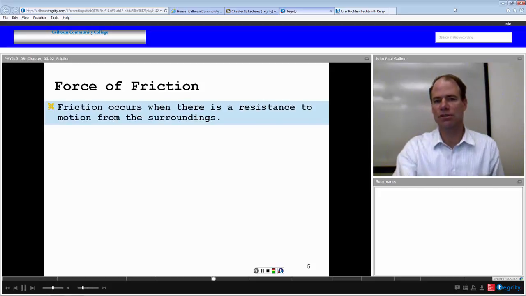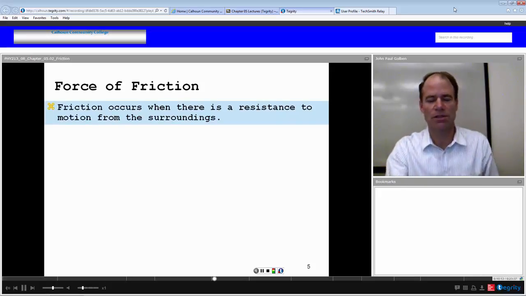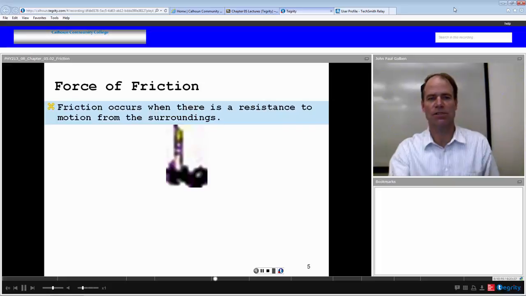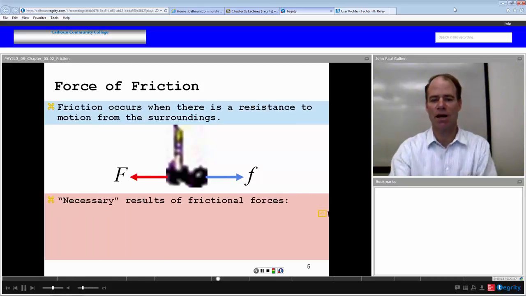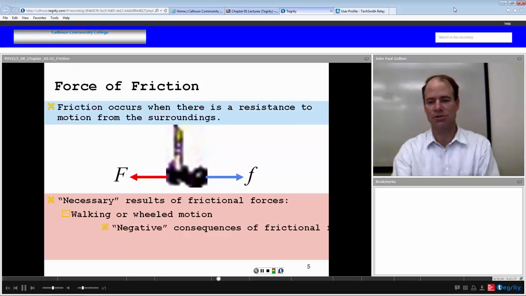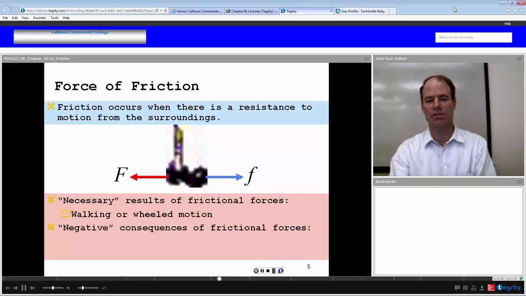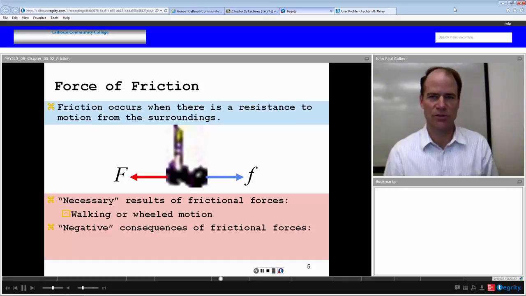We also wish to introduce another force, a force of friction. Consider this. Friction is actually a good thing. It allows us to walk, and it allows us to have wheeled motion as well. The reason this works is by Newton's third law.